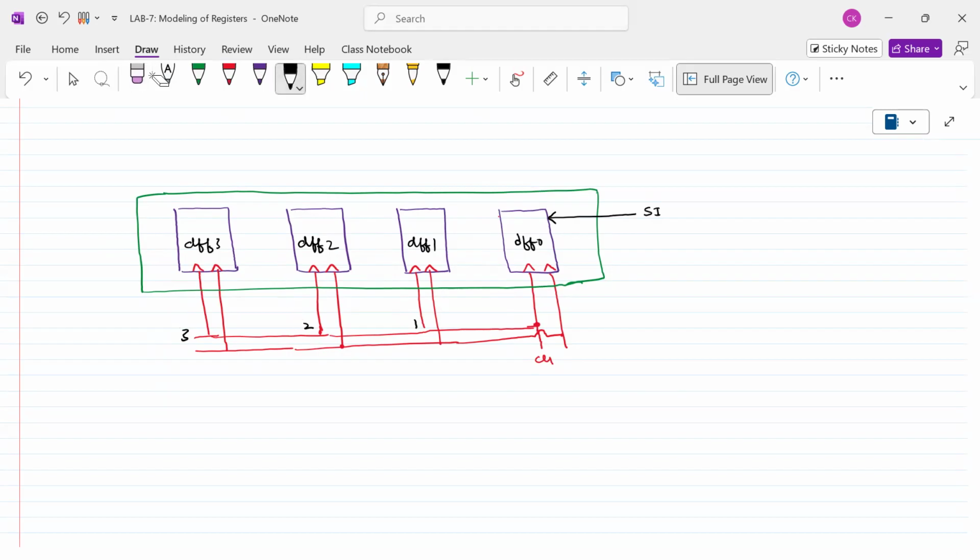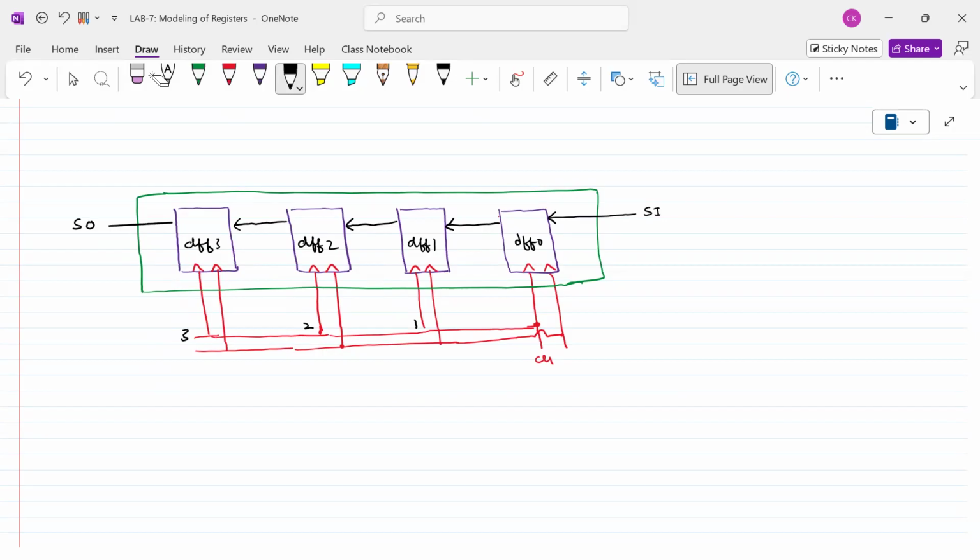Simply connect the output of this one to the input of this one. This will be the input and this will be the output, and this will be the input and this will be the output, and this will be the input, this will be the output. This is called serial out data.